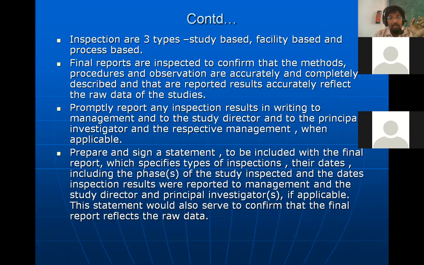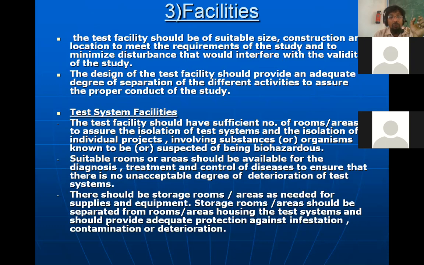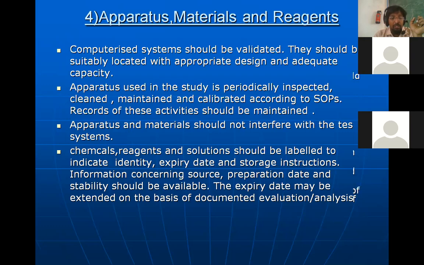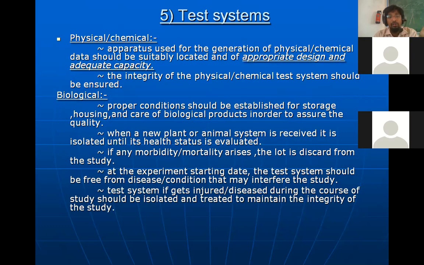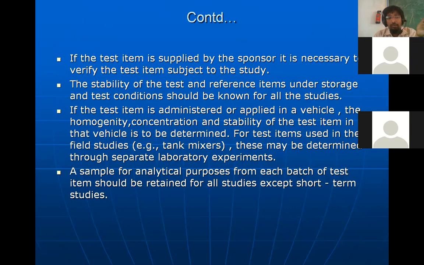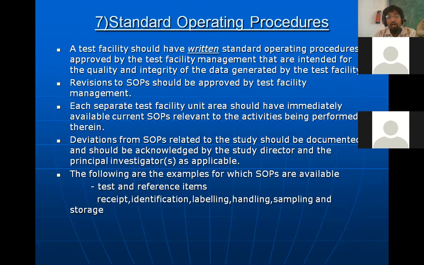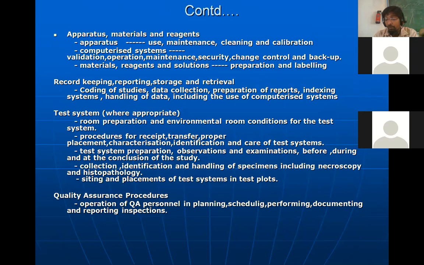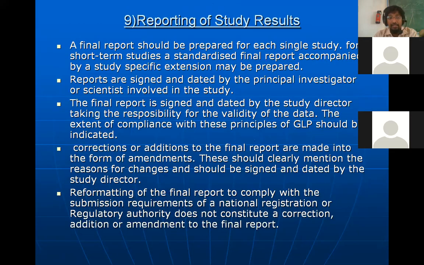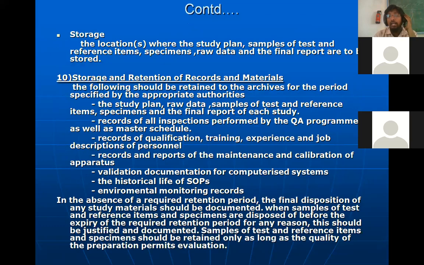Other details we will see in the next class, like what facilities should be there, how to prevent contamination, how to archive, how to maintain the documentation, what different documentation should be maintained, right? Test and reference items, how they are maintained and how they are recorded, standard operating procedures, how they are developed, how they are implemented, performance of the studies. All these things we will discuss in coming classes, like reporting of study results and other things.